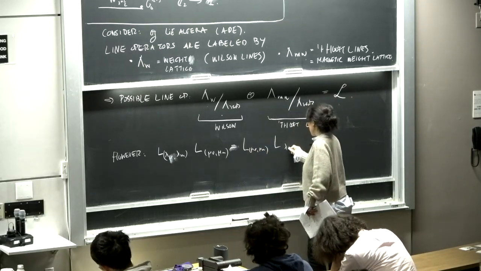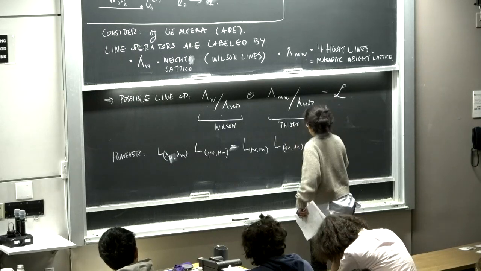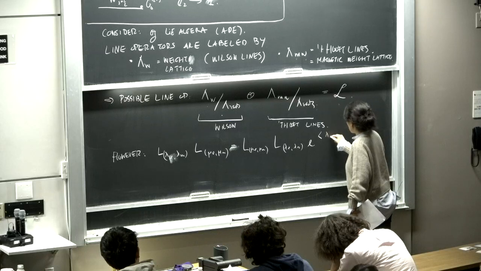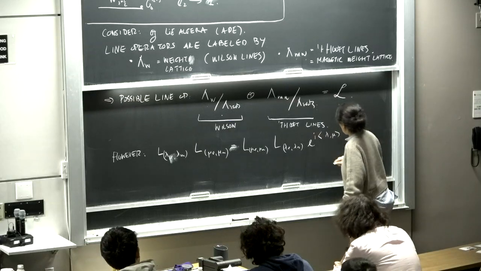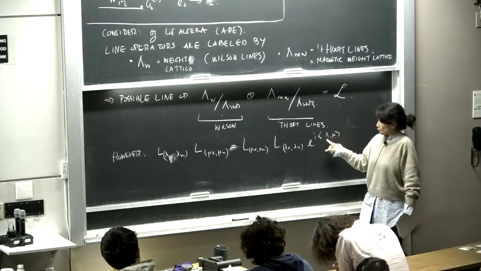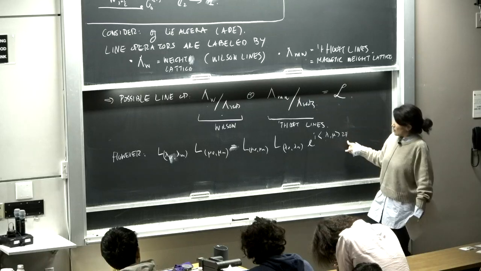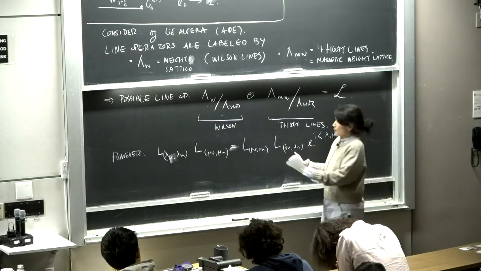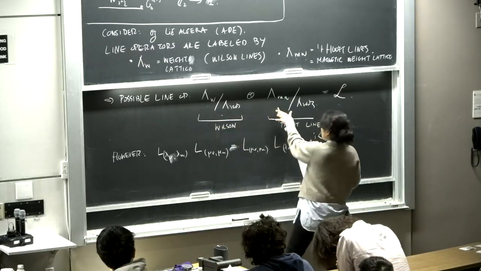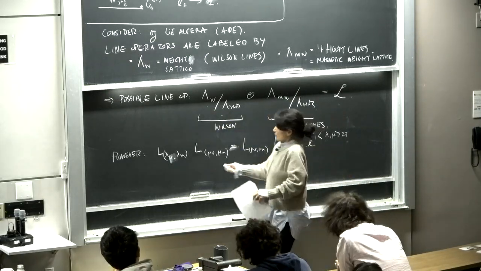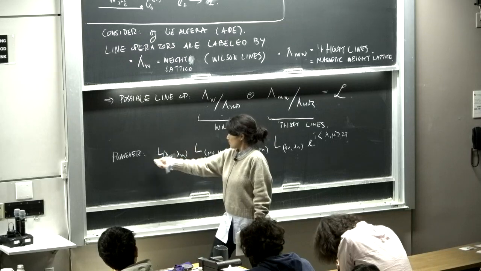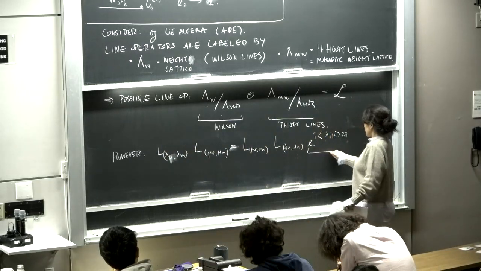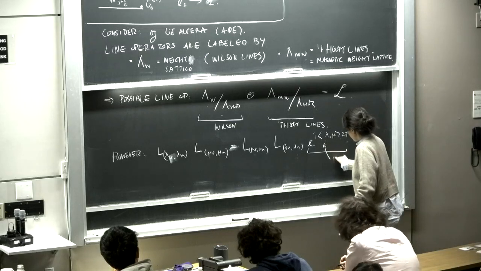They will pick up a phase, which is given in terms of this pairing of these two charge vectors, with a 2 pi. I pick an arbitrary weight in here, an arbitrary magnetic weight, and look at some line operator with lambda and another one with mu and exchange them. These are not mutually local, where this is the Dirac pairing.